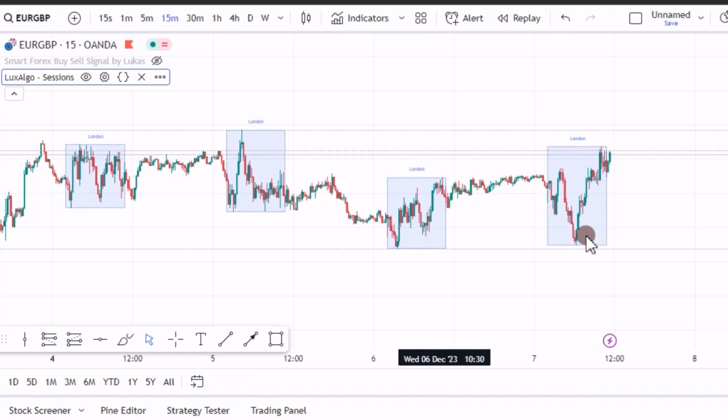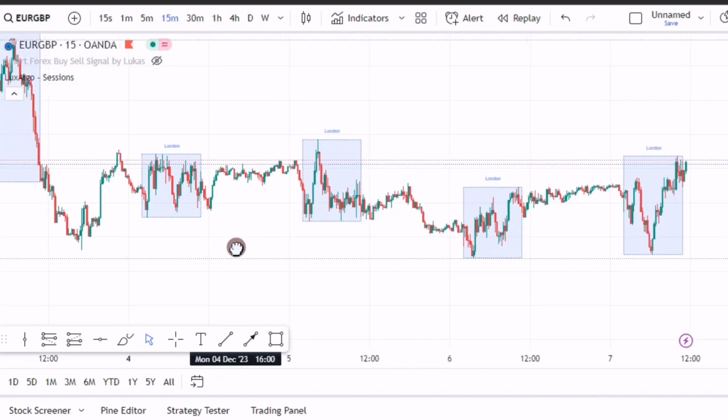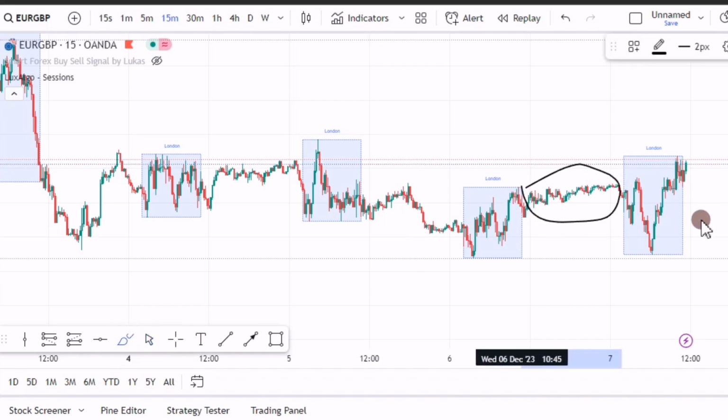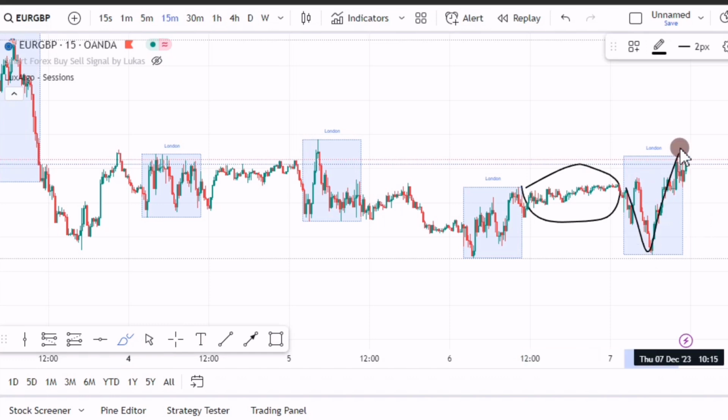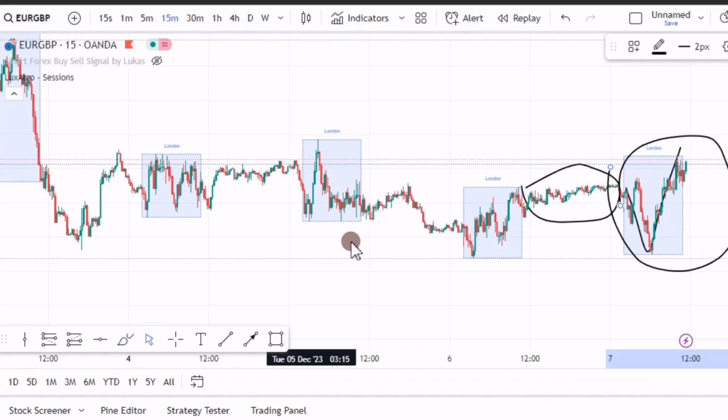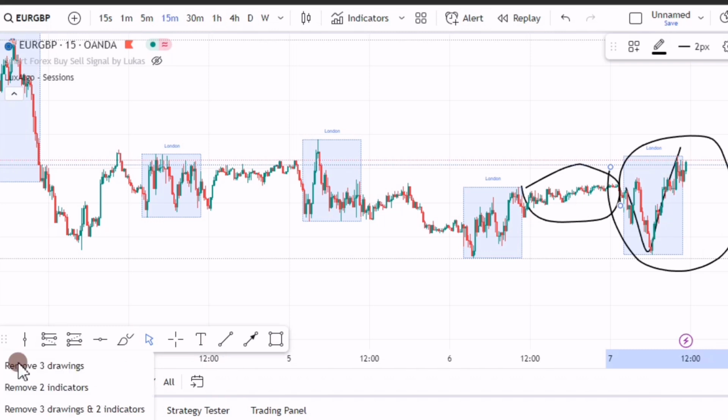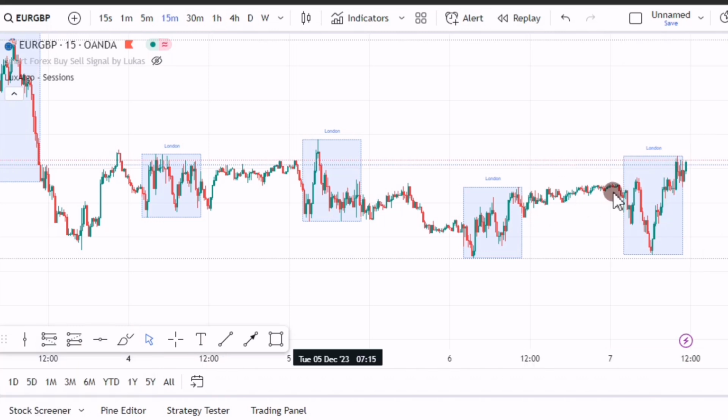So I hope you can see that for EuroGBP, most of the time it will be ranging in between the blue boxes, which is the London session, and it will only start making moves within the London session. So it is during this time that I start looking for trades, not in between these sessions. I can do the analysis in between but not place any trades.